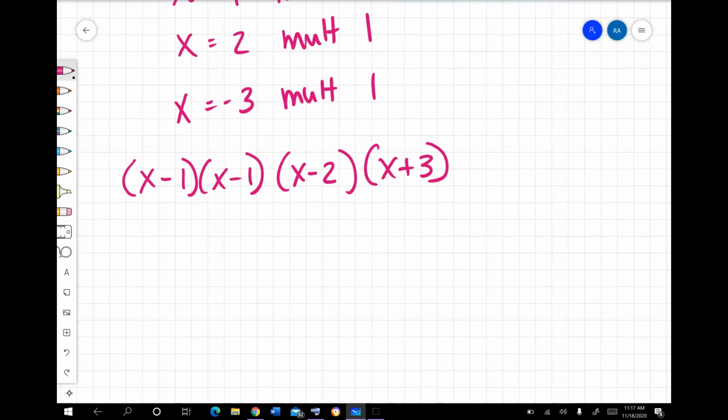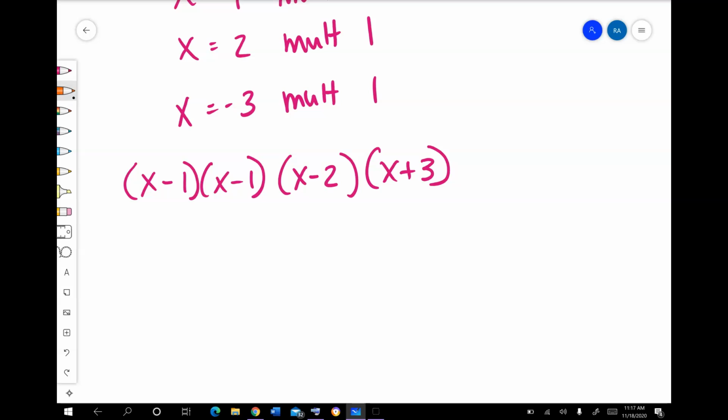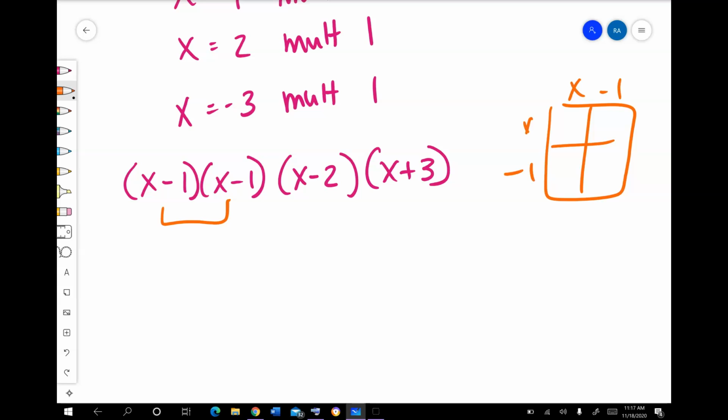All right. So what I would do here is I would first box in these two over here. Box them in. x squared, negative x, 1. So these first two boxed in are x squared minus 2x plus 1.